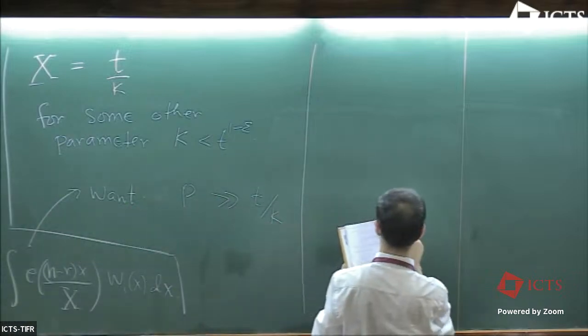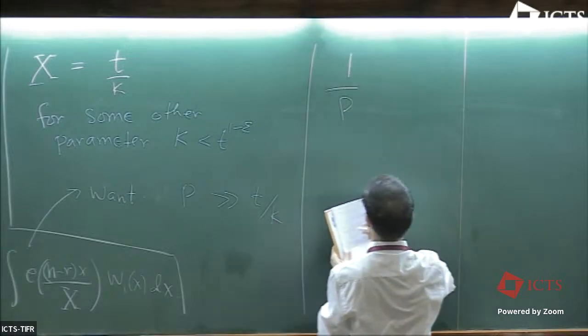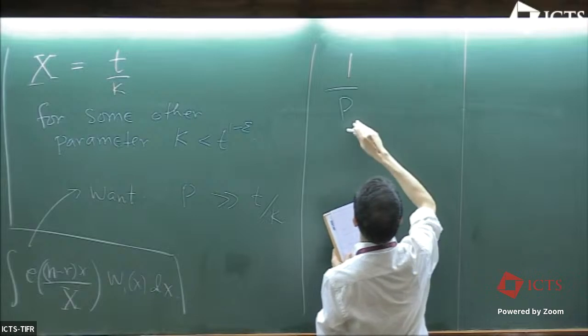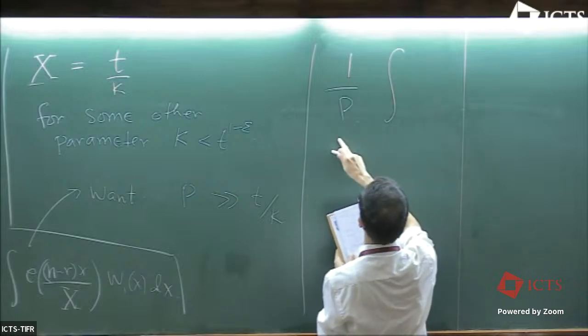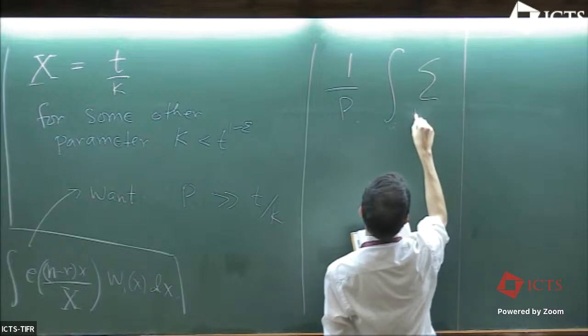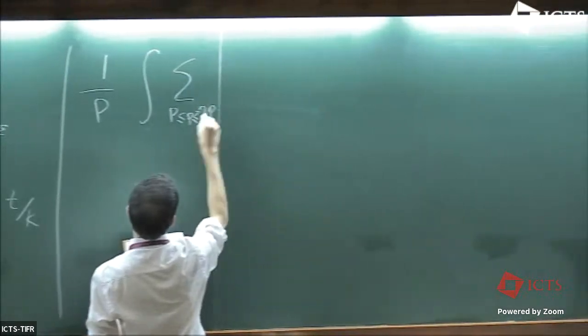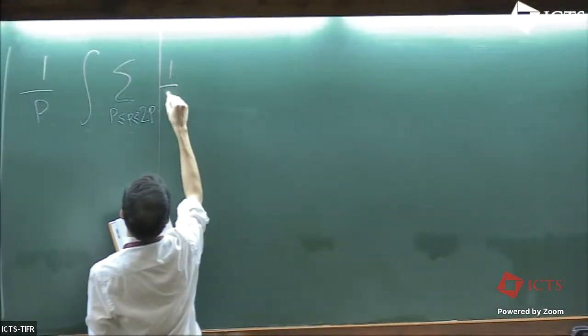So I'm going to first write the expression right here. What we have to essentially estimate is this 1 over p. I'm pulling out the integral all the way out. We have a sum over these primes.